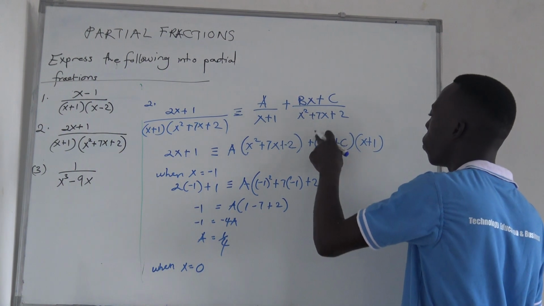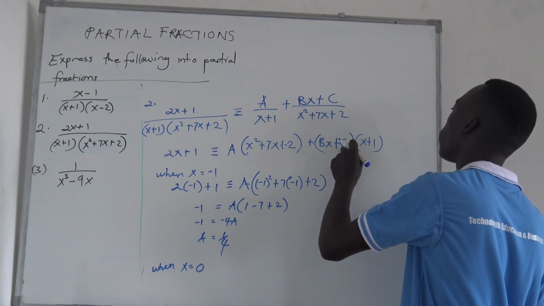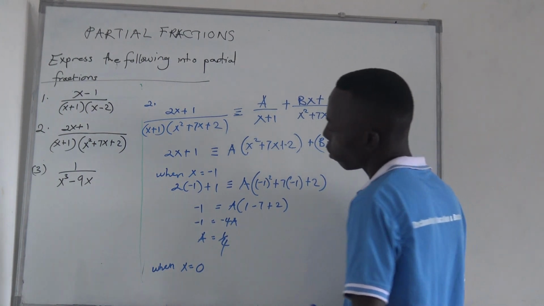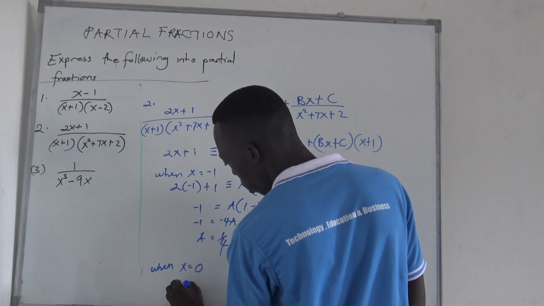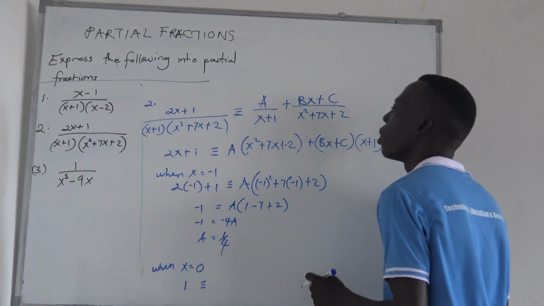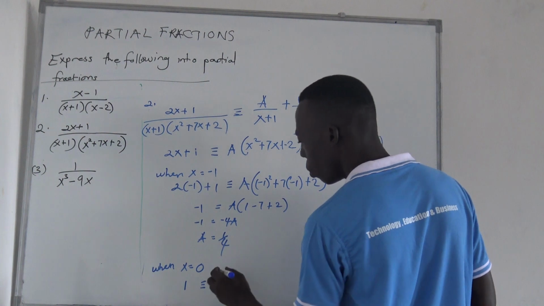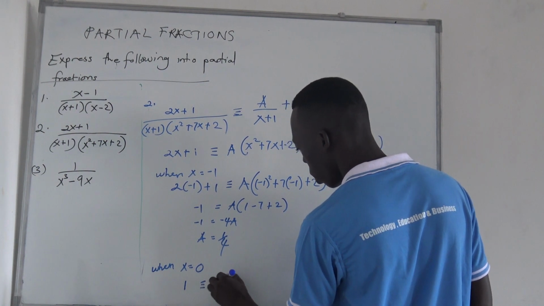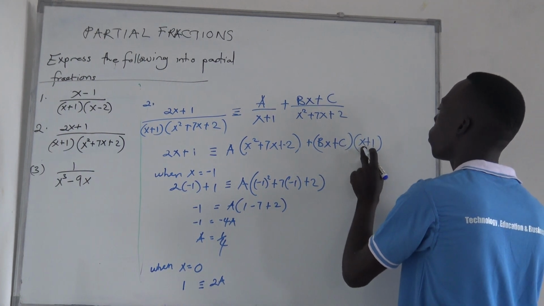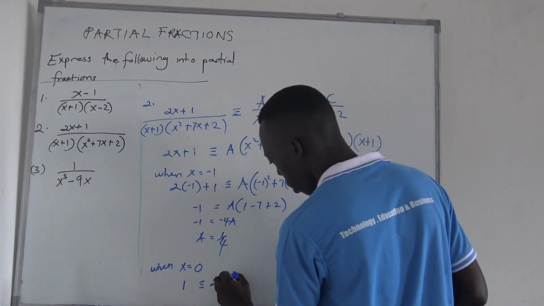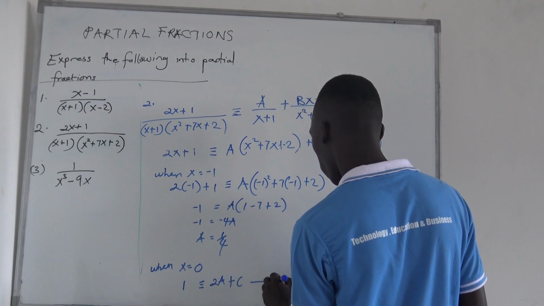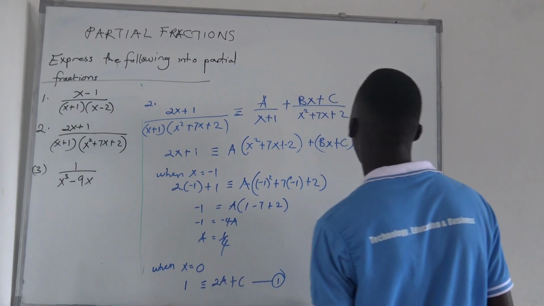So also this one will go to 0, I remain with this one and this one here. So for that case, when I put a 0, I remain with 1 equivalent to, here I remain with 2, which is 2a. Then since this one will go to zero, it will remain with c. Also when I put here, c will be 1, that is the plus c. Then I call this one equation 1.